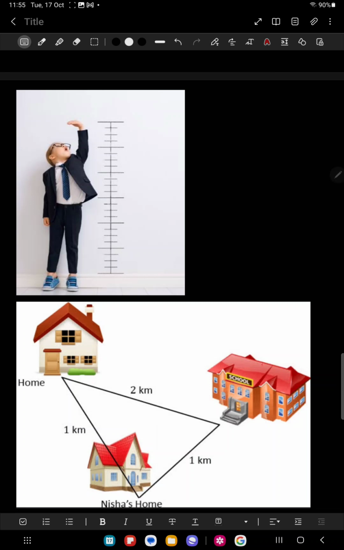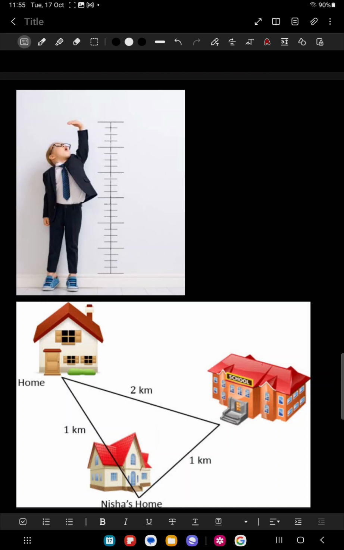While measuring the distance between two places, if the distance is longer, we will measure in kilometer. Like the distance between the school and the home is 2 kilometer, and the distance between the school and the home of another child is 1 kilometer away. In this way we can measure distances, lengths, widths or heights in meter, kilometer, centimeter, and sometimes in millimeter.